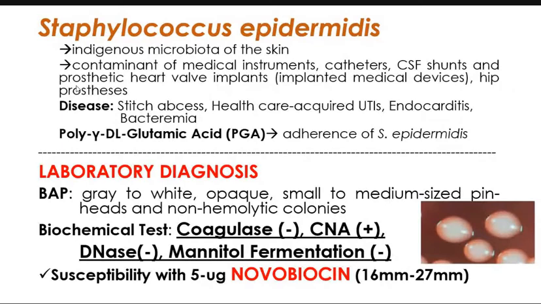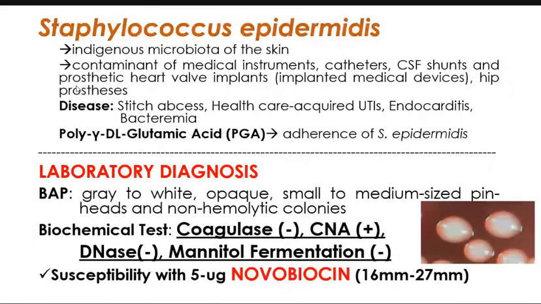Okay, so makita natin dyan that it is a contaminant of medical instruments, catheters, CSF shunts, and prosthetic heart valve implants, and also hip prosthesis. Nag-grow sila dyan. Bakit sila nag-grow dyan? Ano ba ang kanilang virulence factor? To take note, the virulence factor of epidermidis is their ability to form biofilms.